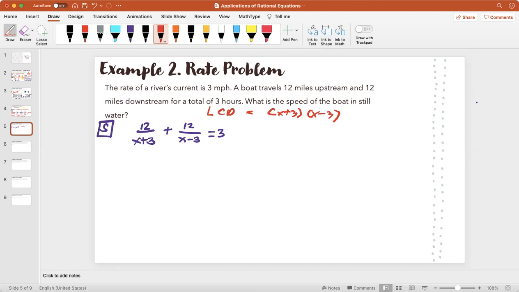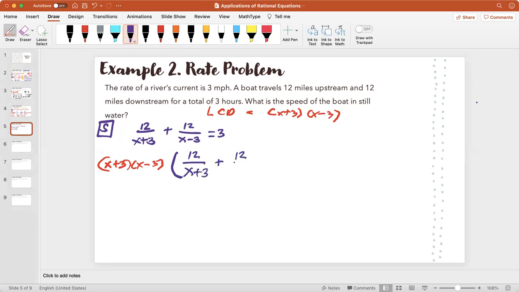So we multiply both sides by x plus 3 times x minus 3. Multiplying both sides by x plus 3 times x minus 3, we can clear our denominators.